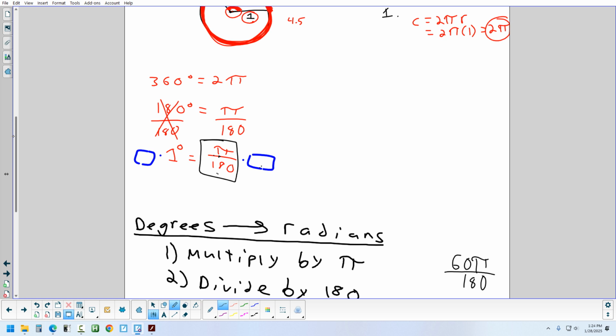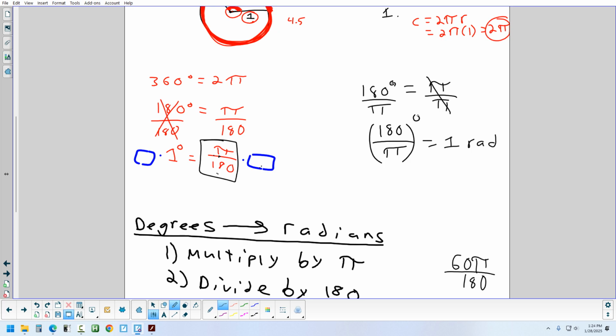All right, now, let's look at the same formula again. What side did we get a 1 on last time? The 180 side. Let's get a 1 on the other side. Would you divide by pi? Let's divide by pi. Pi's cancel. What's pi divided by pi? 1. So 1 radian equals 180 divided by pi degrees.